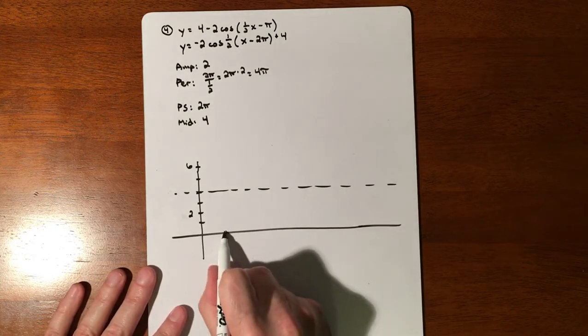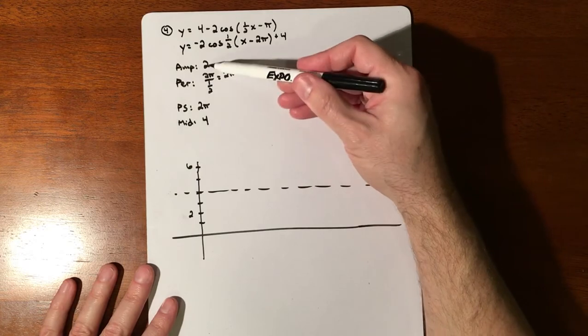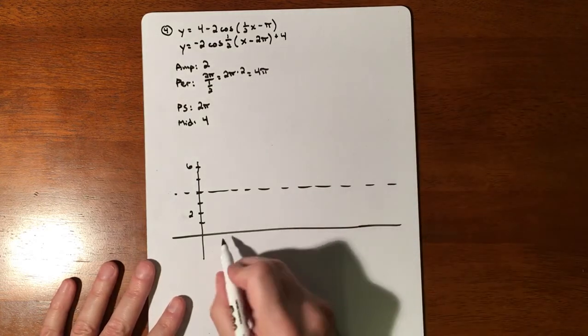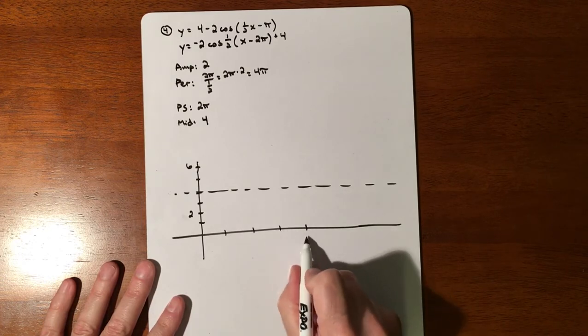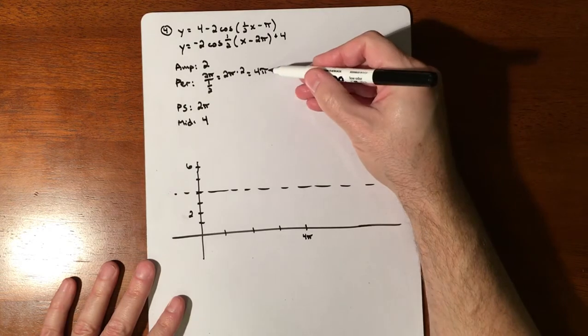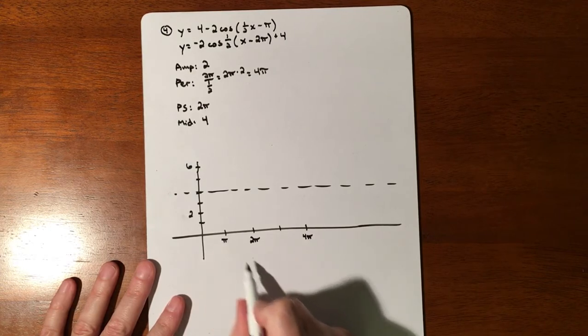So horizontally, we've taken care of all the vertical pieces. We did our midline first, our amplitude second, and then we're going to go out 1, 2, 3, 4, and that is our period. Period's 4 pi. We'll cut it in half: 2 pi, cut it in half, pi.